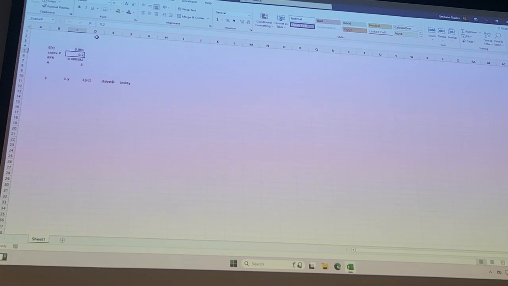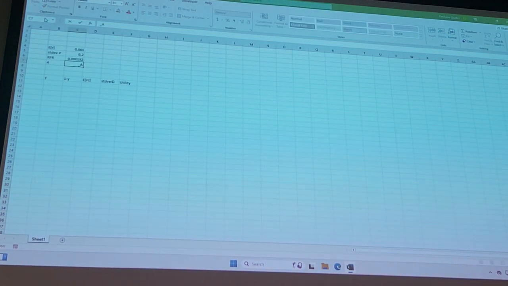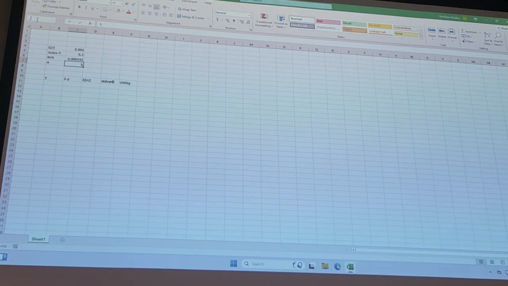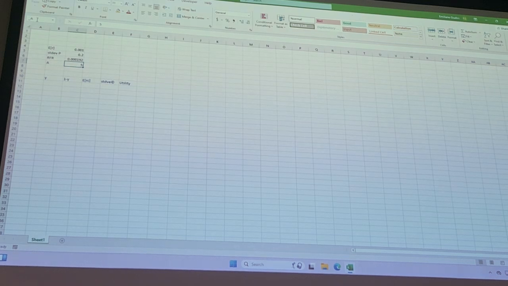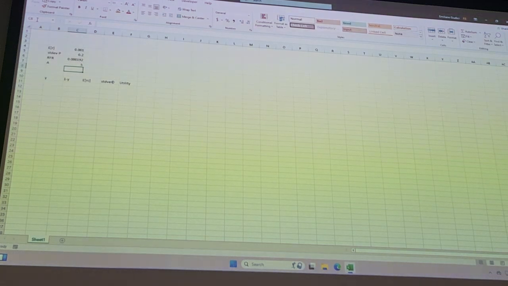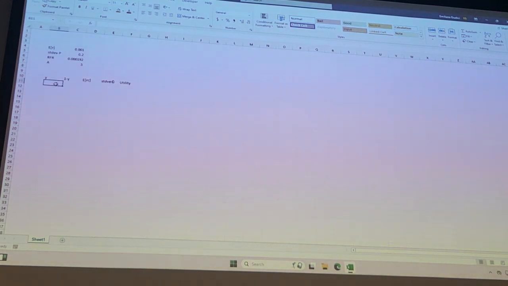Then this I'm going to call underscore risk-free rate, and this underscore A. There it is. Have you ever done this in some of your classes where you can actually define a constant? This is very useful because when you write the formula, it's going to make much more sense, and it's easier to troubleshoot.